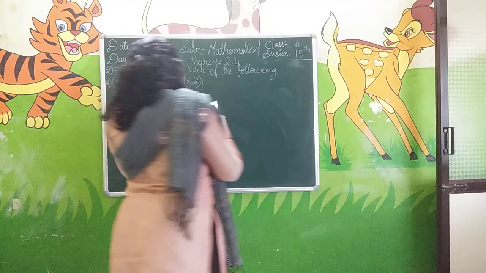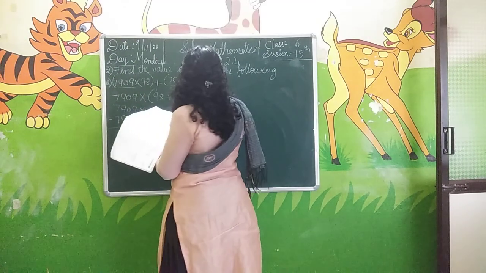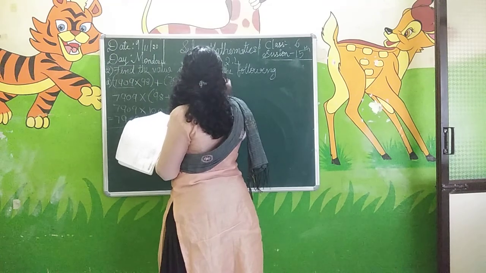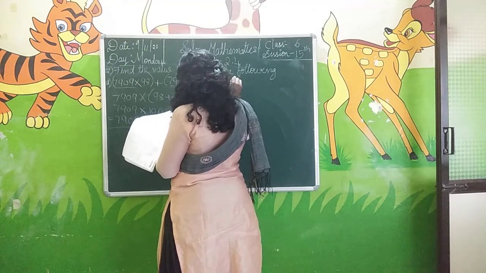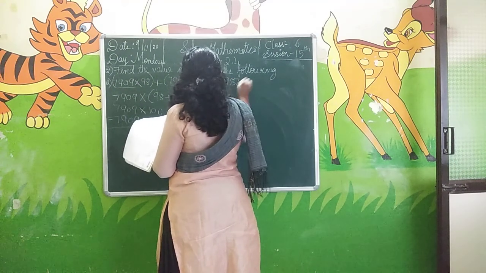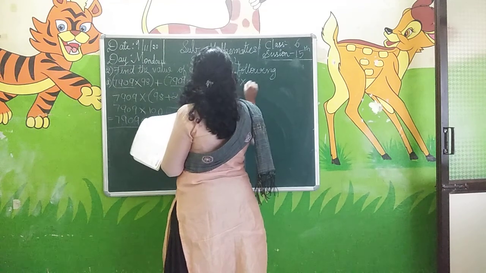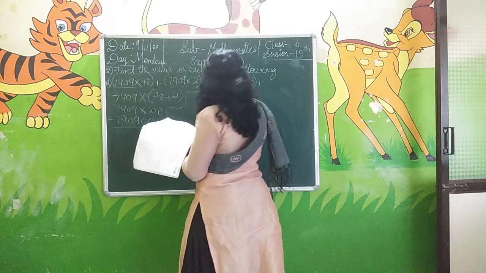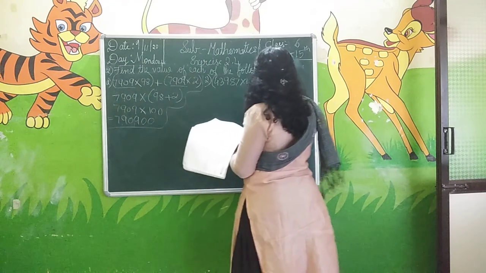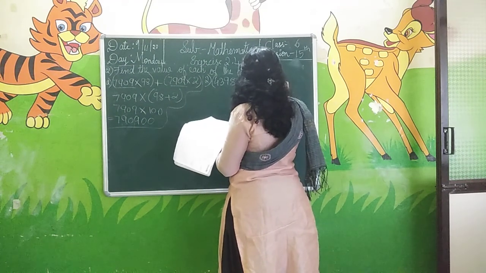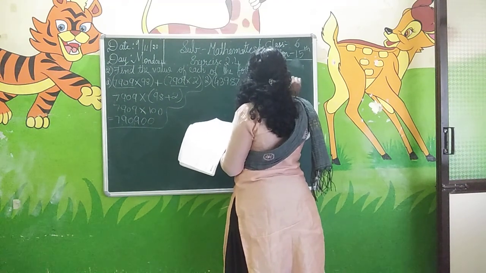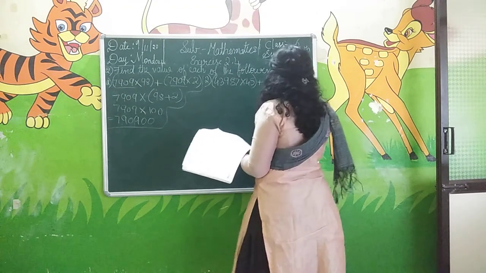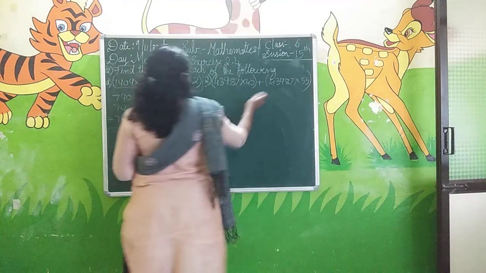Next, come to the second problem. 43,987 into 45. Next, 43,987 is multiplied with 55. In this also they have given the same number.